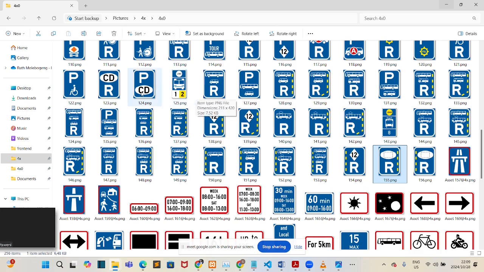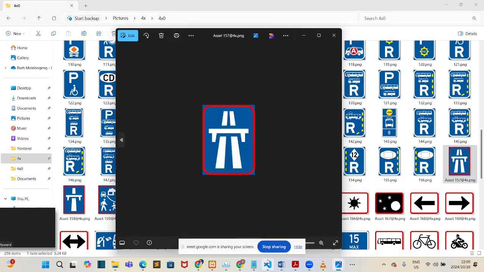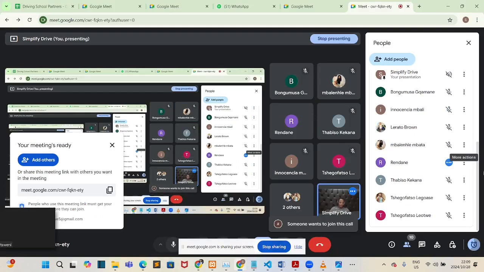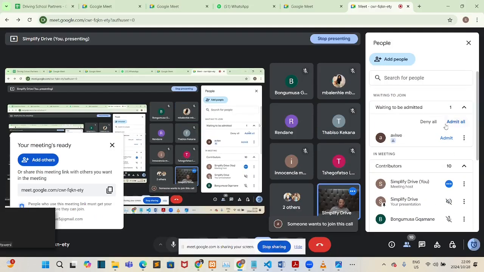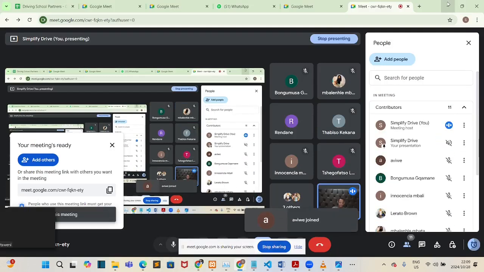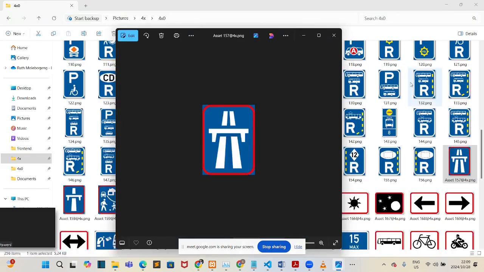Next. All right. You're given this road sign. Bongumusa, we're given that road sign. What does this road sign inform you of? A, an overhead structure on the road ahead.